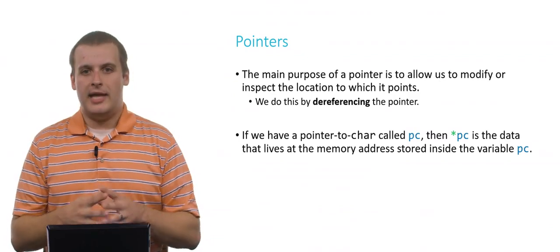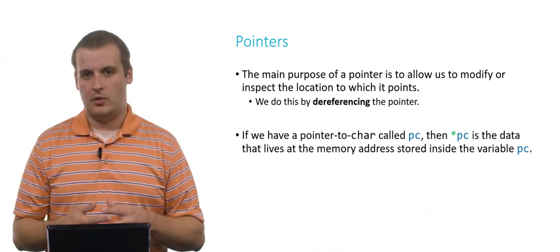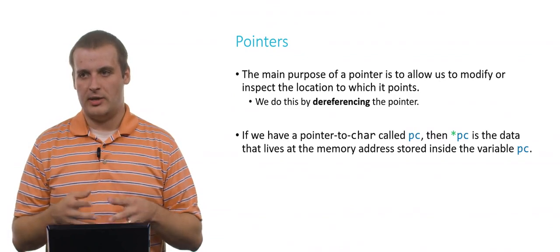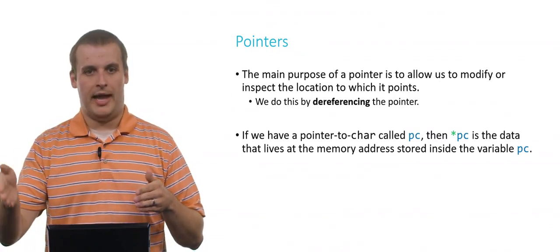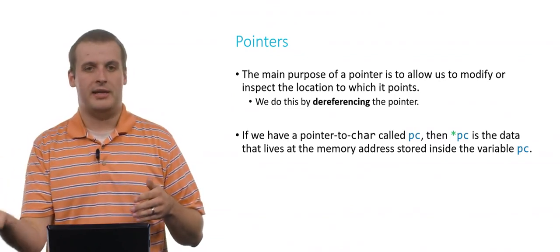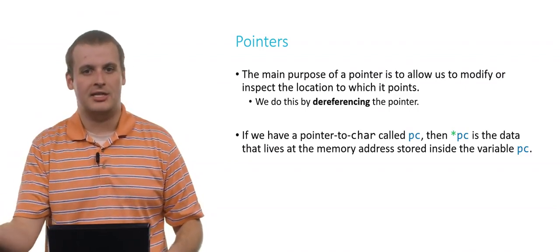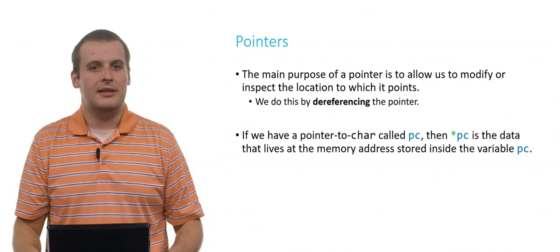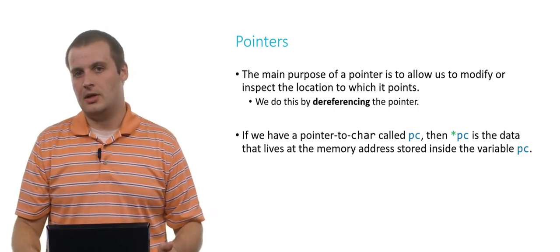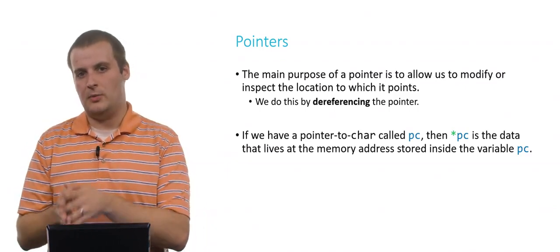Okay, so now we have all these facts. Let's keep going. Why do we care about where something lives? Well, it's pretty useful to know where something lives so you can go there and change it, work with it, and have the thing that you want to do to that variable take effect and not take effect on some copy of it. This is called dereferencing. We go to the reference and we change the value there.